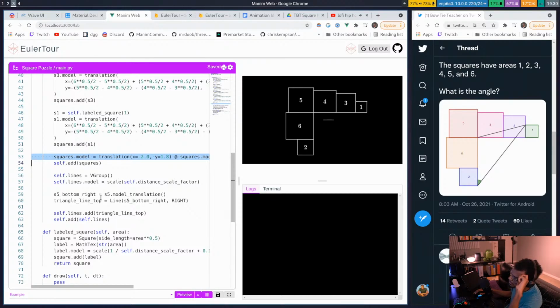Huh. And this isn't added to the same parent. It should be, though. Oh, yeah, this is kind of weird. It's not supposed to be added to the same parent, so I don't want the model translation, and I do think I want the world translation. Okay.